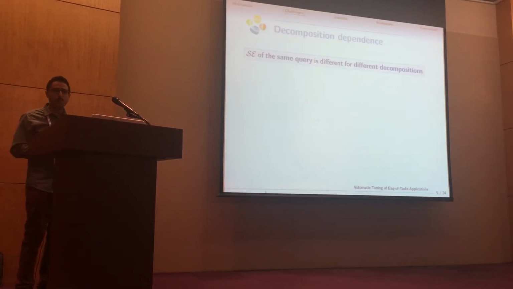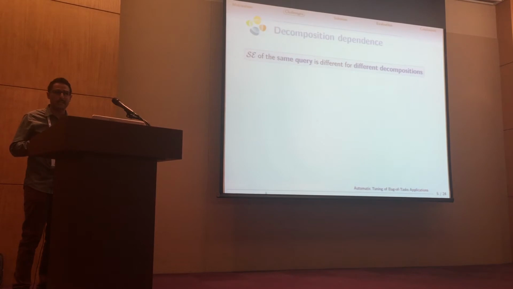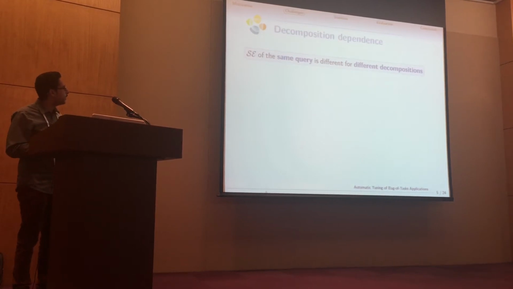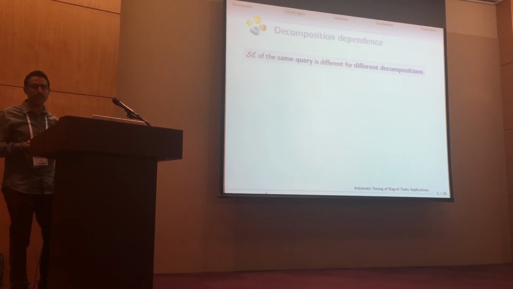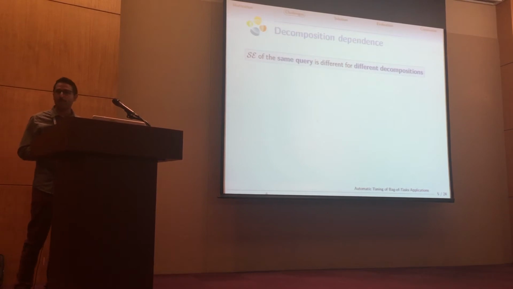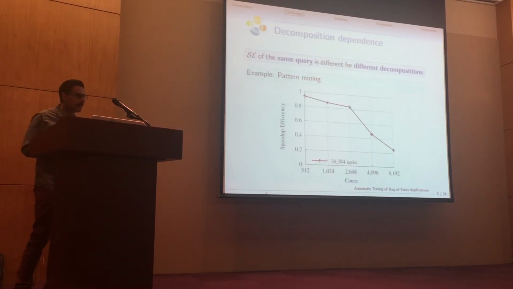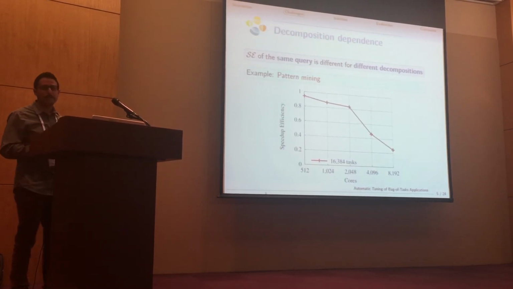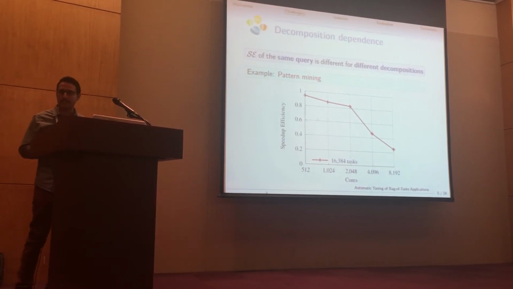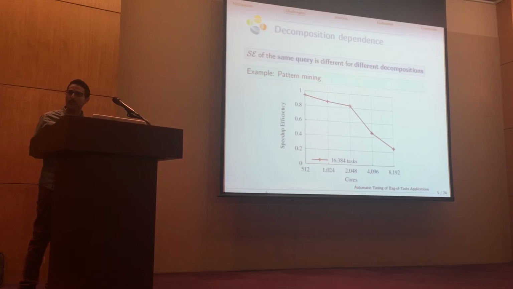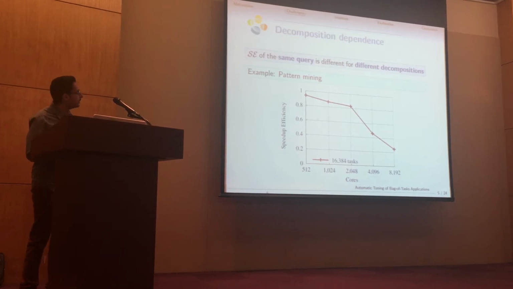Another problem has to do with decomposing your tasks. Speed-up efficiency of the same query using the same data set is different for different decompositions. And here's another example of pattern mining. We decompose a problem into 16,000 tasks, and we run up to 8,000 cores. And this is the speed-up efficiency that we get.